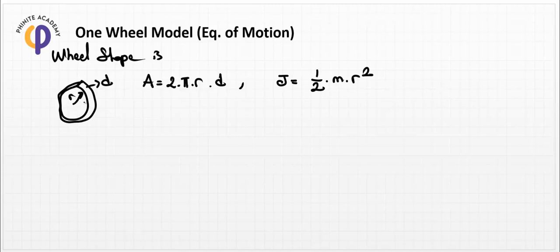Okay, and so the M can also be calculated by rho, which is the density factor of this wheel, which is dependent on the material selection factor, and pi times R square, which is the area of this wheel like this one, and so we need to times D, because this parameter gives us the volume value of this wheel, and so rho is equal to the density factor, and so the density times volume gives us a mass factor like this one.